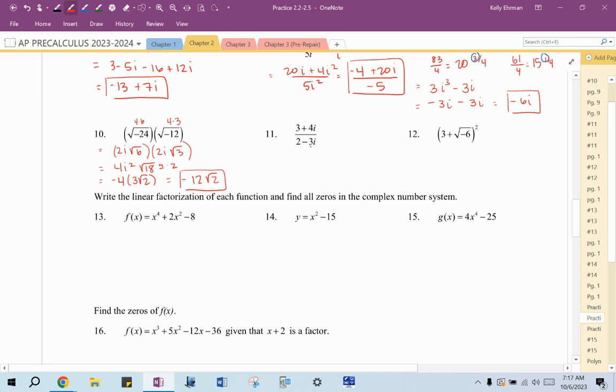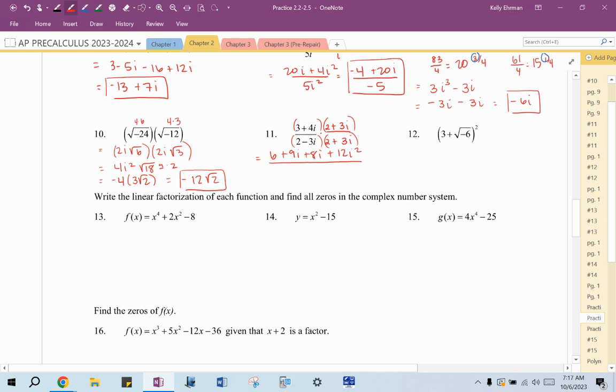For number 11, again, I have an i in the denominator. Because this is a binomial, this is two terms, you have to multiply by the conjugate. You can't just do i over i. And we've got some foiling to do. 3 times 2 is 6. 3 times 3 is 9i. 4 times 2 is 8i. 4i times 3i is plus 12i squared.